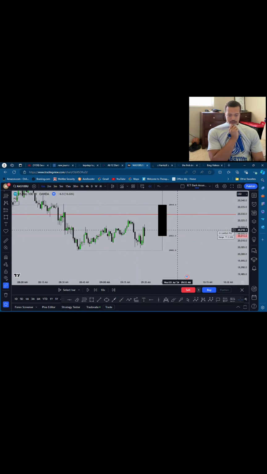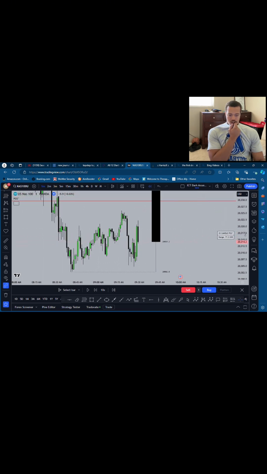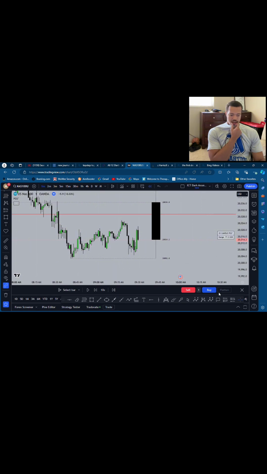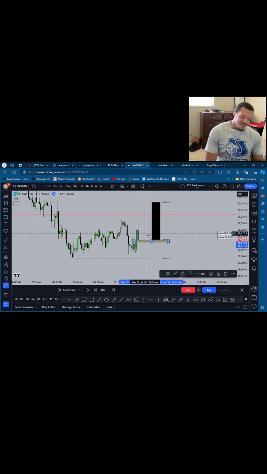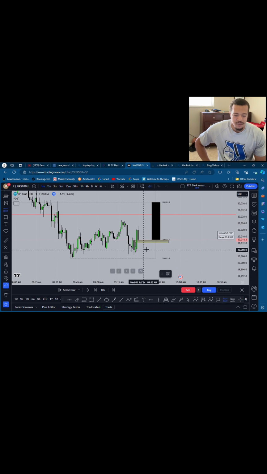Ooh. I'm gonna enter for the buy, even though I don't really like to trade right at 9:30 because that can just go crazy. But I'm liking this.